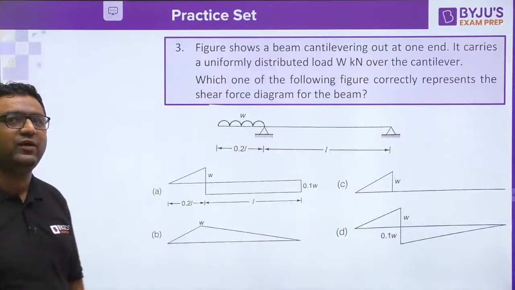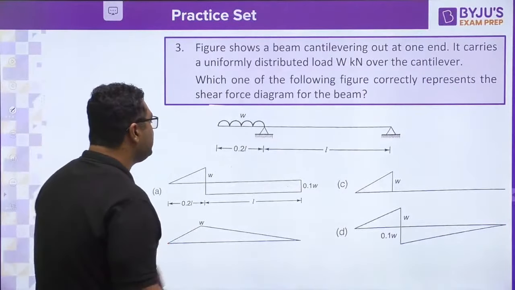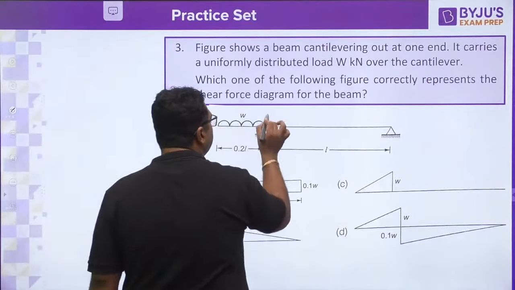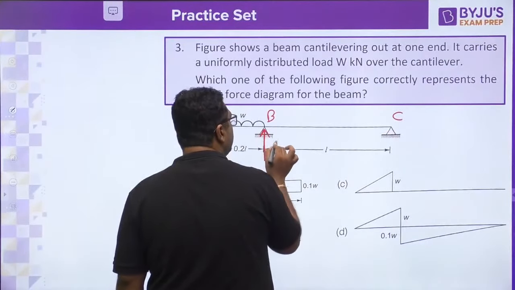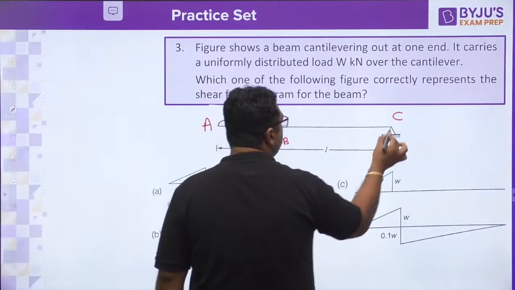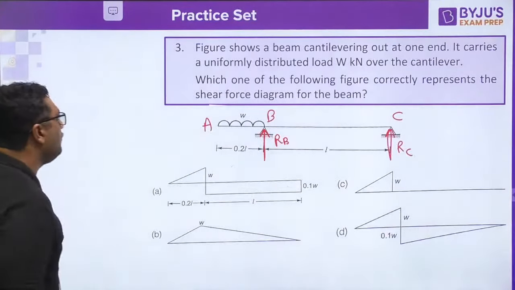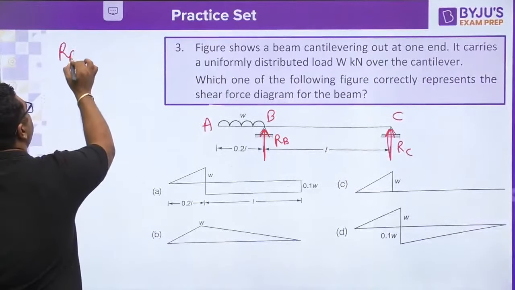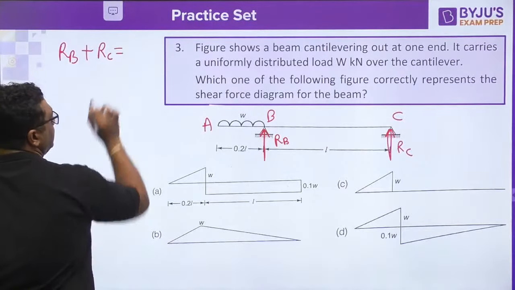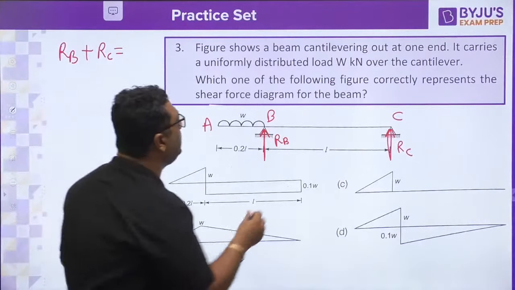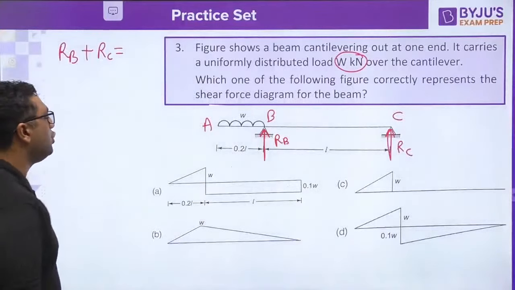Question number 3 is from SFD BMD. Guys, let us say this is A, this is B, this is C. First of all, you need to find out the support reaction RB and support reaction RC. You will write RB plus RC is equal to total W kilonewton.